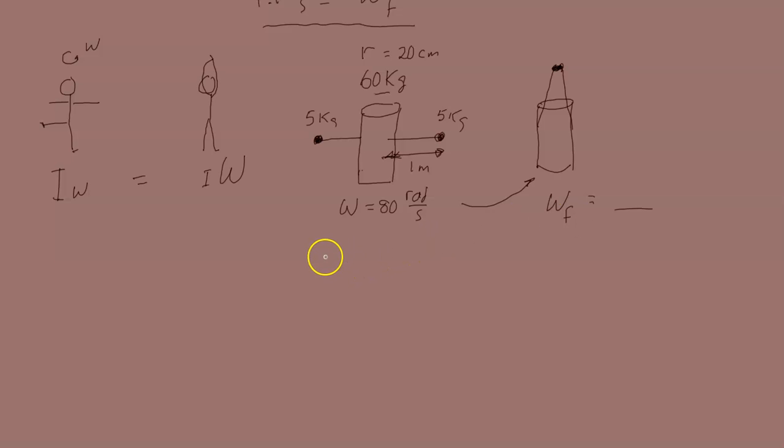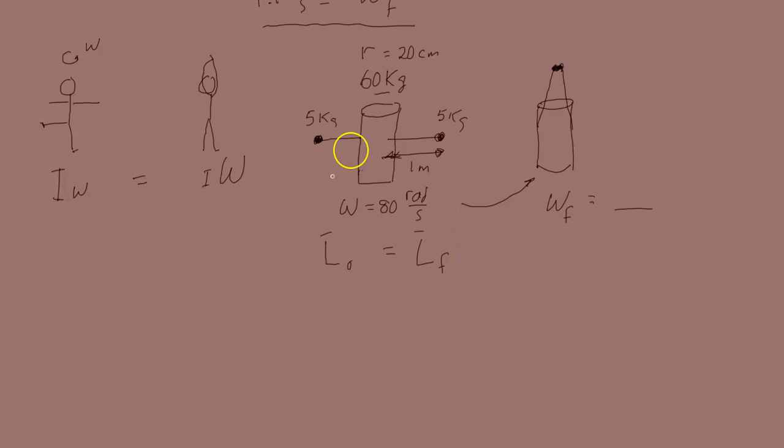All right, so in this situation right here, we know that the angular momentum is conserved. So we can say the initial angular momentum is equal to the final angular momentum.